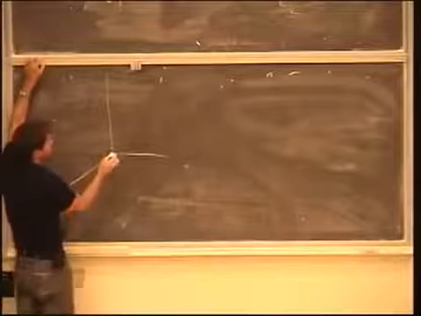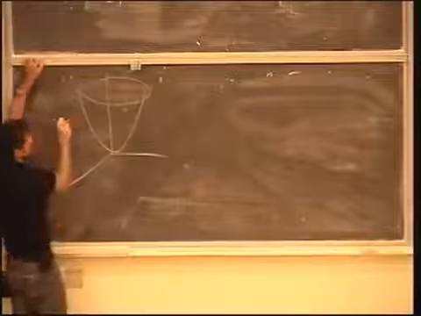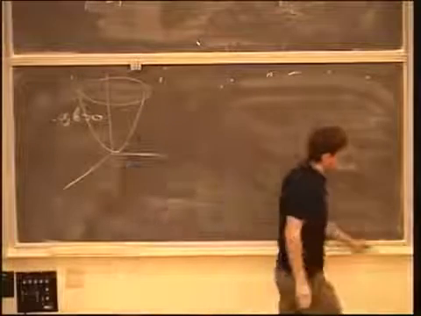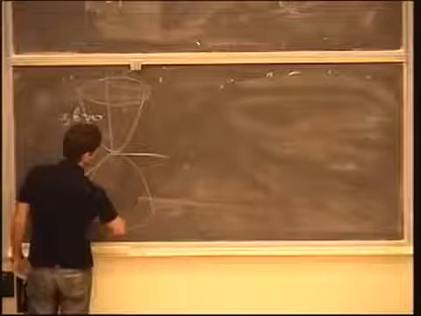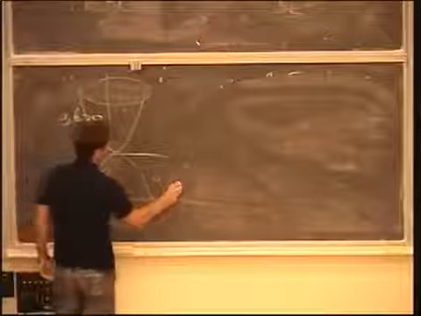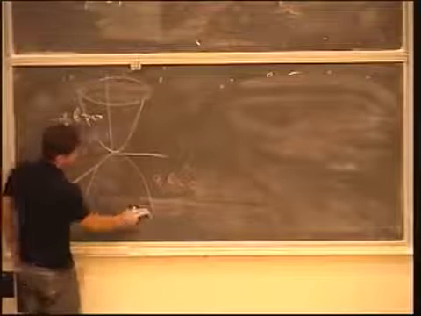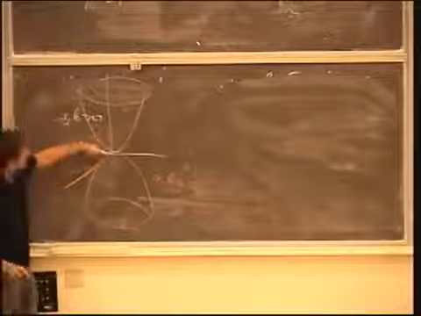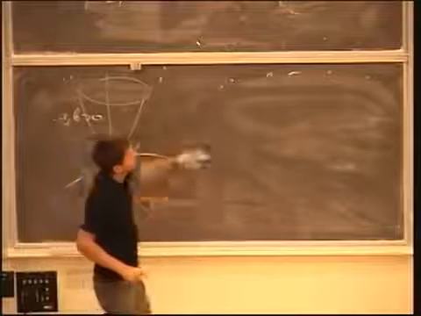If both a and b are positive, it's going to look like this. If both a and b are negative, it's going to look like this. So in this case, it's a local minimum, and in this case, a local maximum.